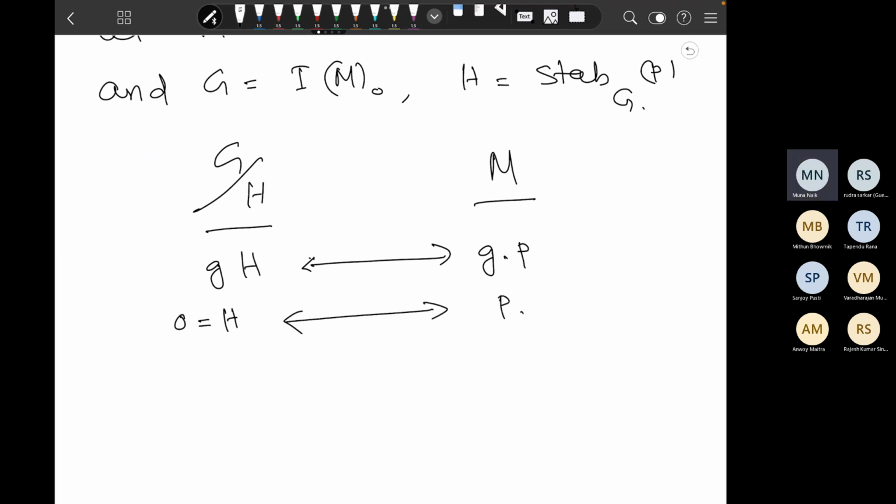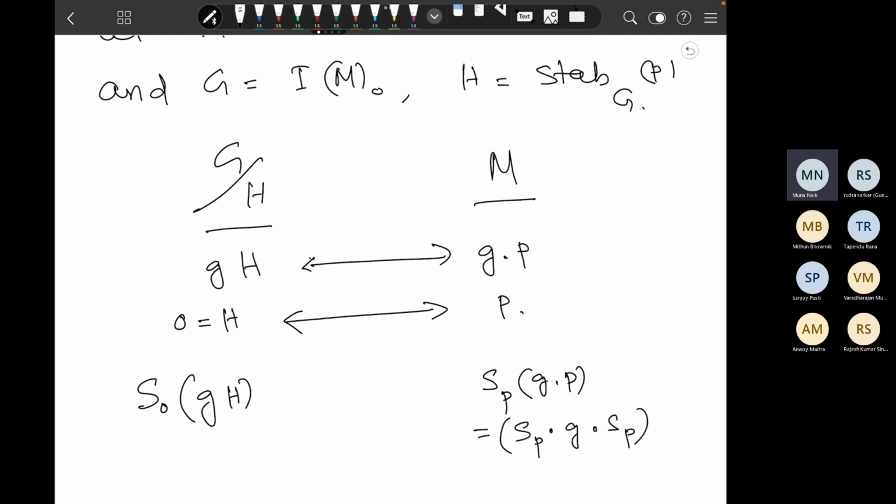Now I want to produce s_o here, and let us see what it gives in M. Since o corresponds to p, this will correspond to s_p. So here I want the action of s_o on gH, which corresponds to g dot p. s_p of g dot p is simply s_p composition g, s_p of p.